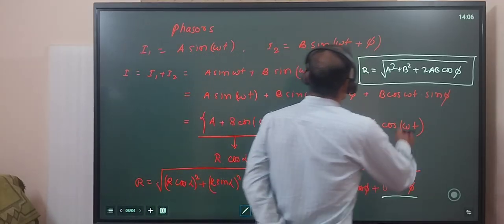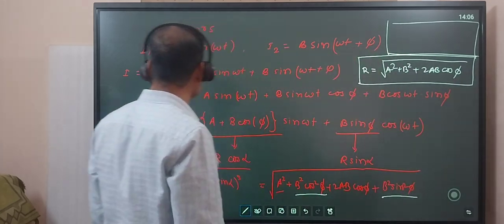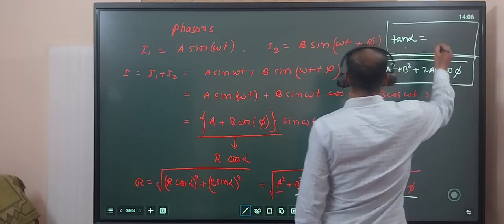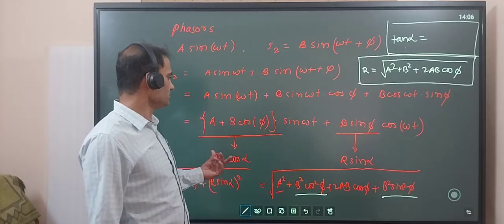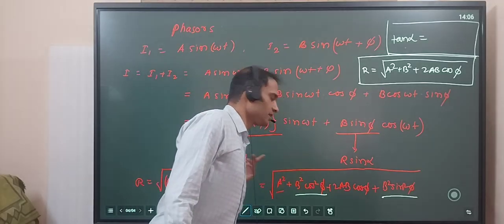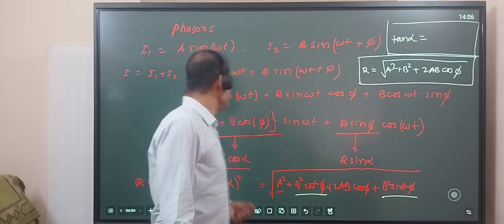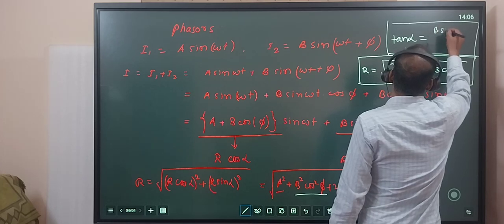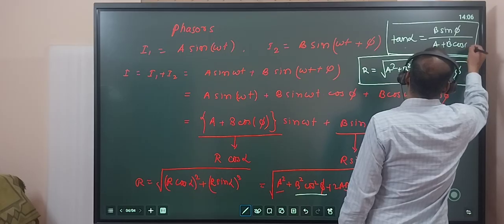Also I will write tan alpha. What is tan alpha here? Tan alpha is r sin alpha by r cos alpha, which gives b sin phi on the top and a plus b cos phi at the bottom.